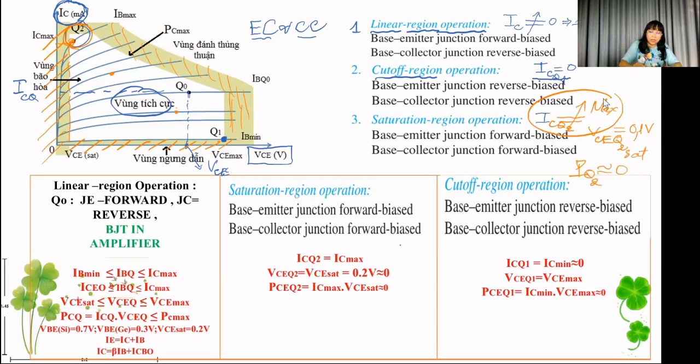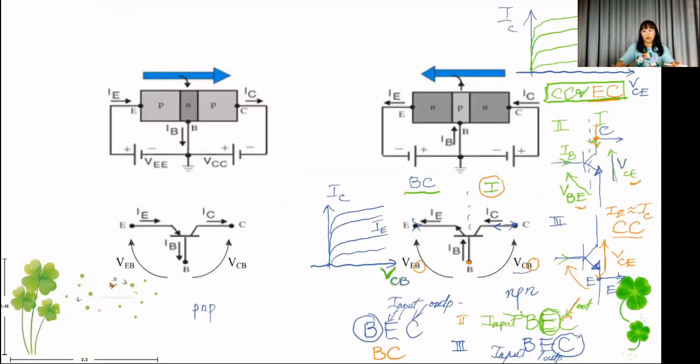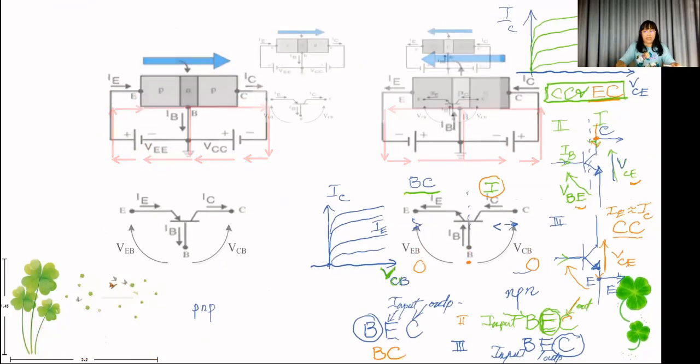That's why we have the breakdown area, and we can design the circuit with the quiescent point, which is a working point. That's why you can choose and design for these 3 regions of the BJT. This is in general for memory only.